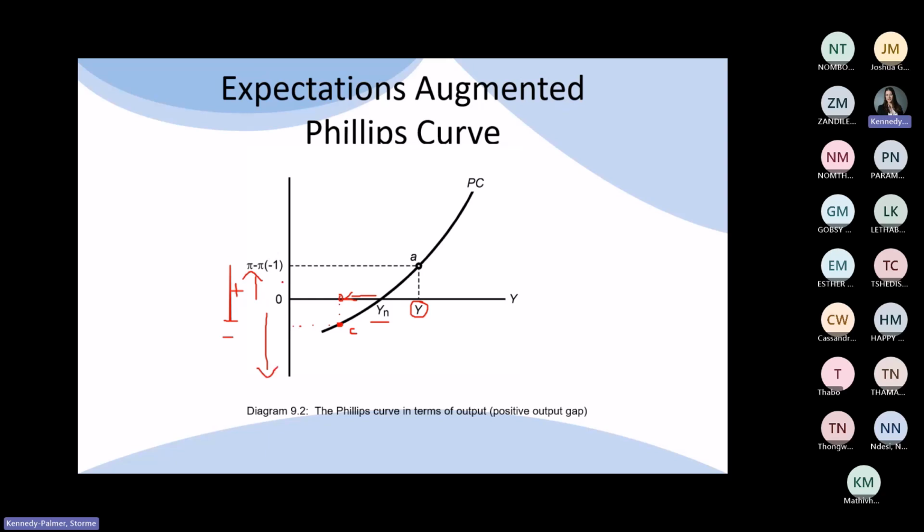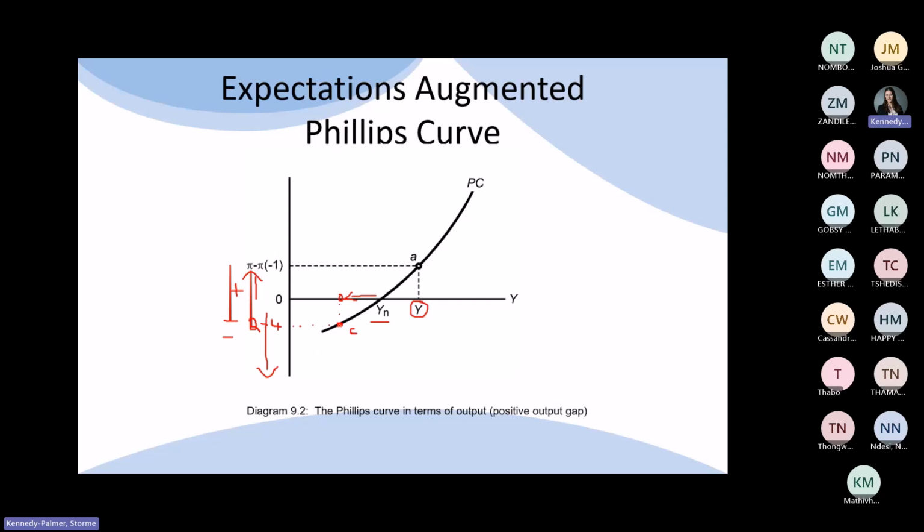So let us actually use some values to see what this could mean. Assume that at our point C here, our inflation last year was 4%, and let's say our current inflation is 2%. Oopsie, 2 minus 4 is negative 2.